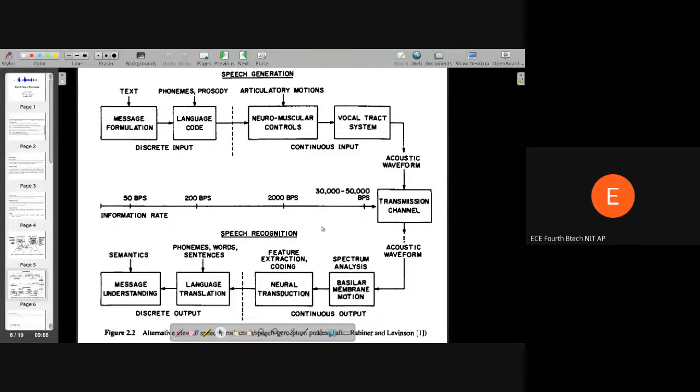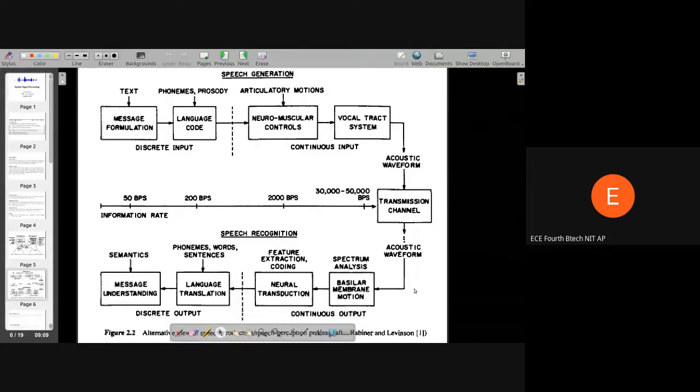Finally, when the acoustic signal comes out of the vocal tract system, it could have any value, that acoustic waveform, those pressure vibrations that we finally record. That is a very dynamic, very non-stationary signal, and hence the information rate is very high. So like that it happens.